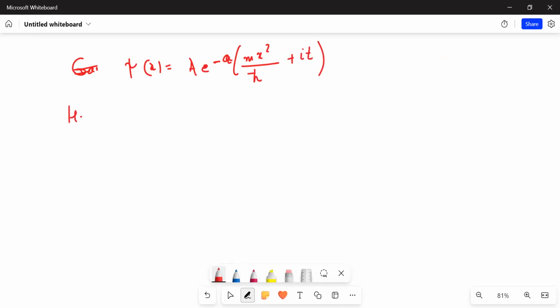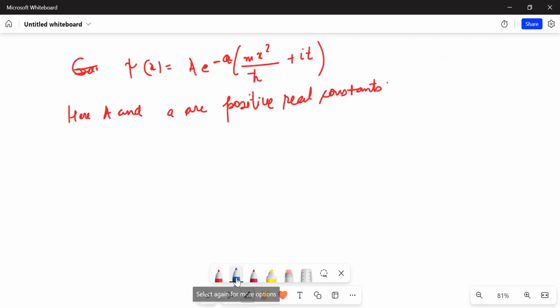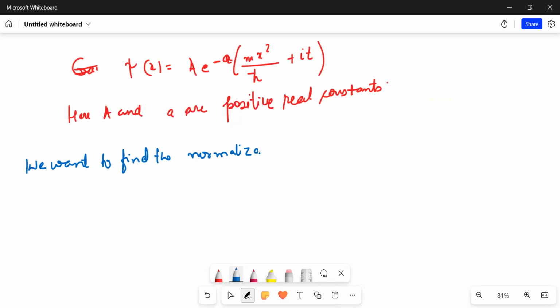Here capital A and small a are positive real constants. We want to find first the normalization constant.